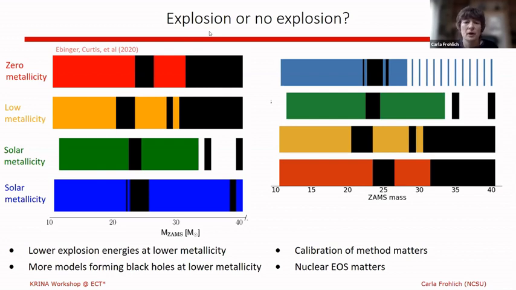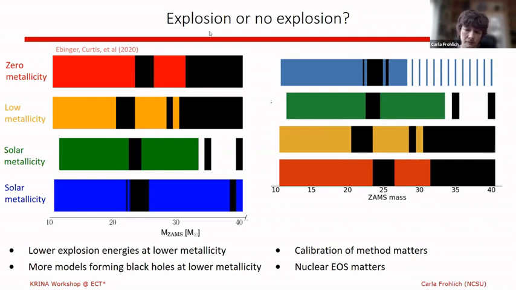The left and the right are two slightly different setups, and you can see that overall they look almost the same. If you look very carefully, you'll see a few minor differences. This comes from exactly how you calibrate, which has a small impact. And as Grant said, the nuclear equation of state has an impact.